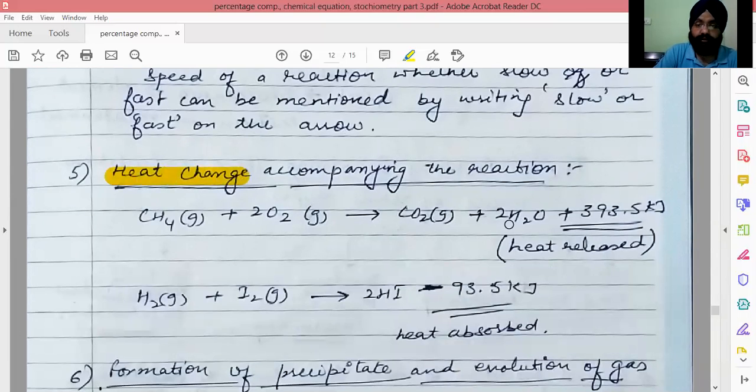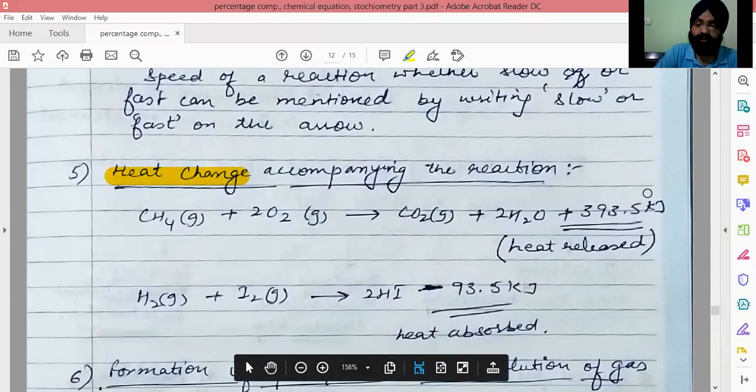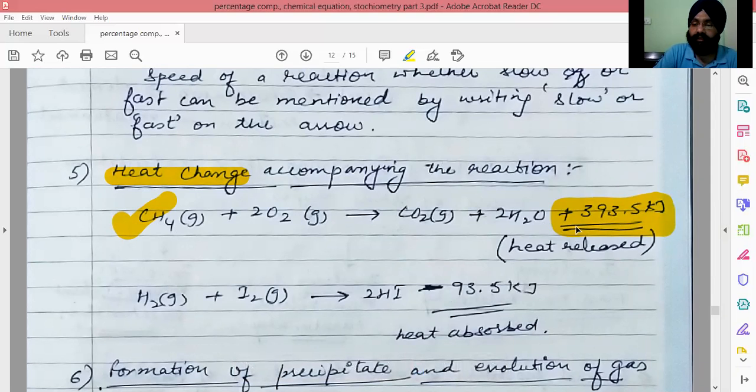Heat change during a reaction. So sometimes the numerical figures are also a part of a chemical reaction. So here, like in this example, methane is burning, and a figure in terms of kilojoule is given on the product side with a positive sign.